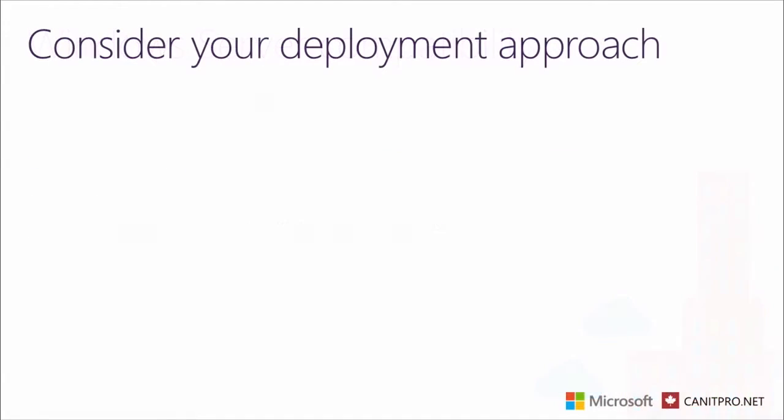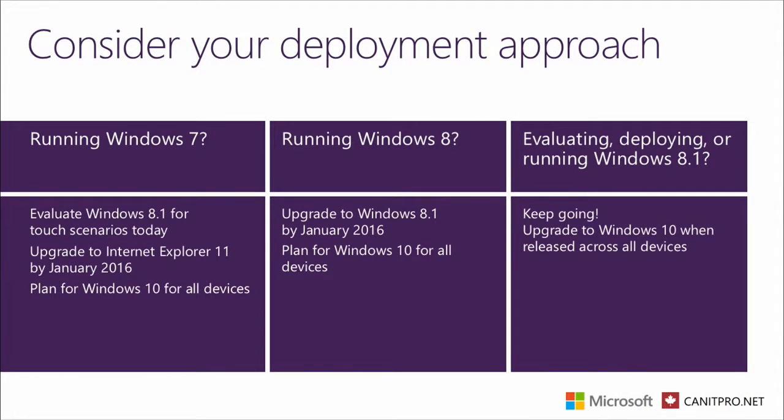So you really want to consider your approach if you're running Windows 7, Windows 8, or evaluating deploying Windows 8.1. If you're on 8 or 8.1, you just basically keep going. Just upgrade to Windows 8.1 first, and then plan your upgrade for Windows 10 for all your devices. Yep. It's pretty straightforward.